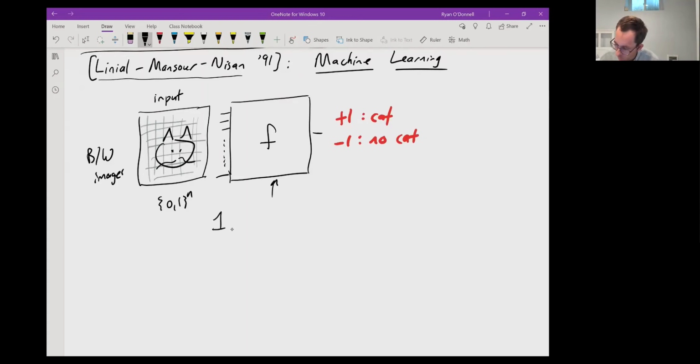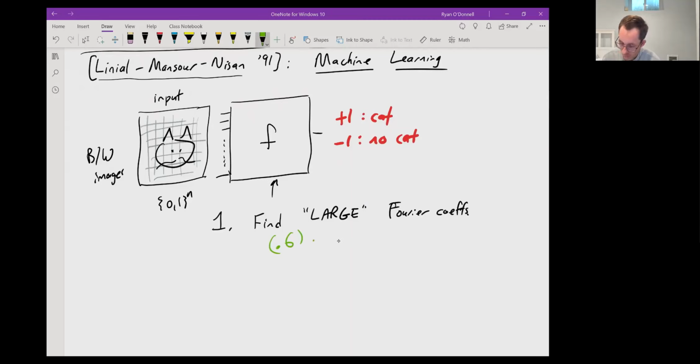So step 1 is use this Goldreich-Levin algorithm to find the large Fourier coefficients for this f. Because if you have the ability to run a program for f, which we do if we get humans to label pictures, then you can figure out the Fourier coefficients for this function.